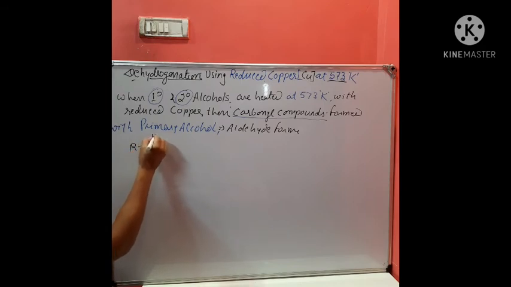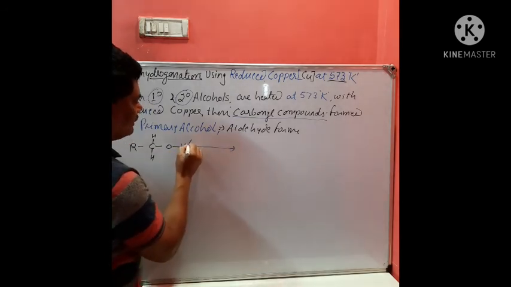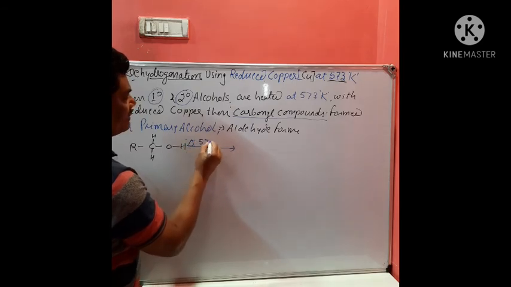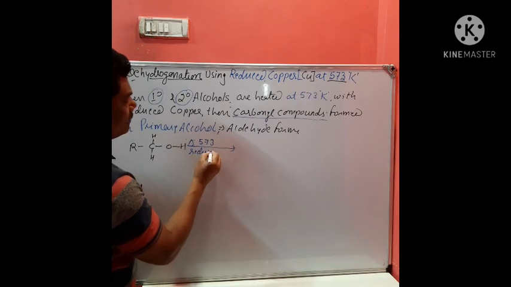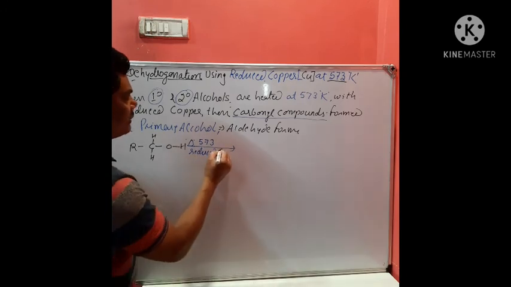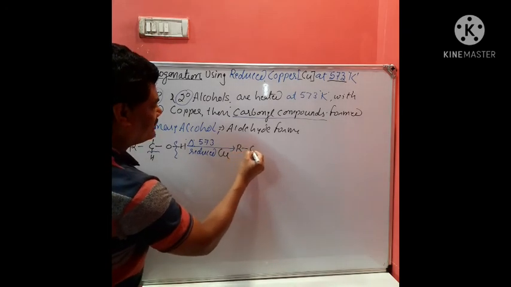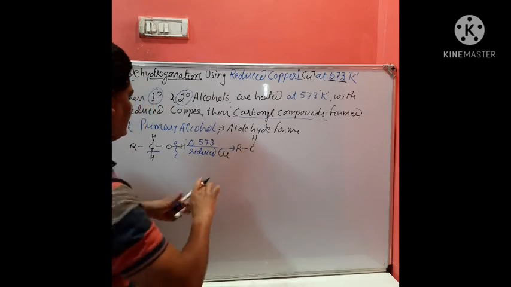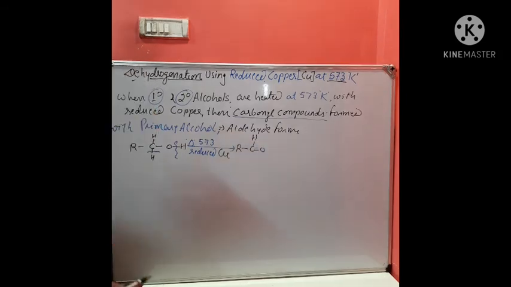RCH2OH, heated at 573 Kelvin with reduced copper. Now again the cleavage of the same OH bond and CH bond simultaneously takes place. Therefore, this is R, C, this is H and double bond O. This is the major product.